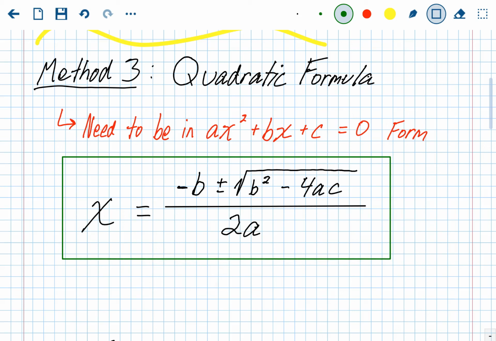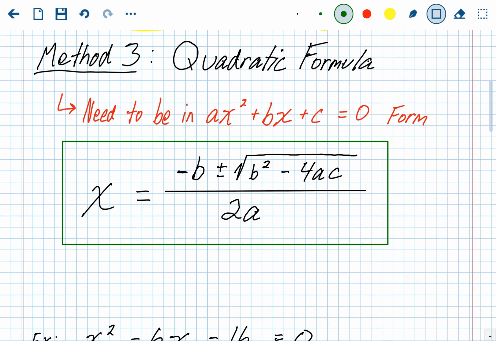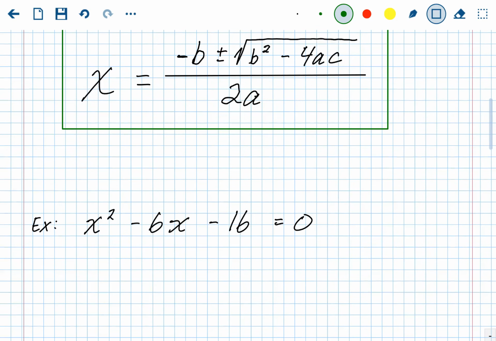Again, the opposite of b means whatever b is, you take the opposite sign. If you got a negative, you make it positive; if you got a positive, you make it negative. You memorize that formula and it's just plugging stuff in from there.